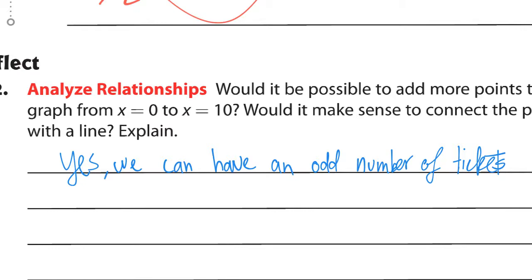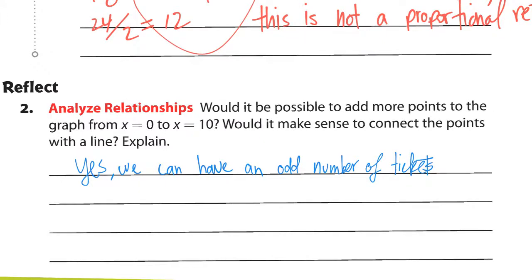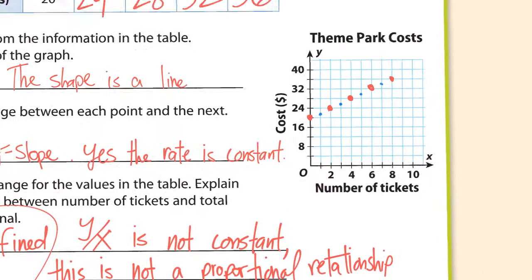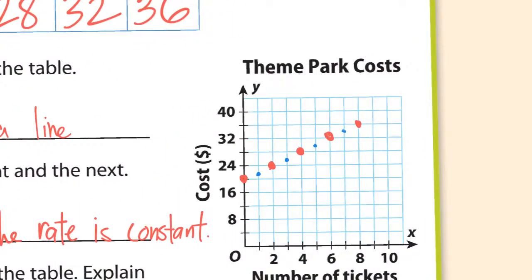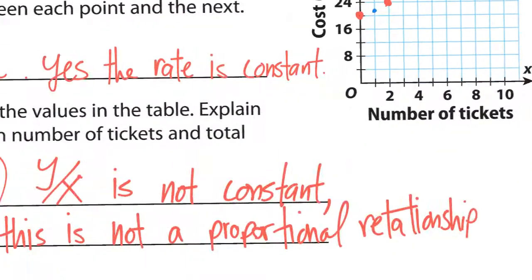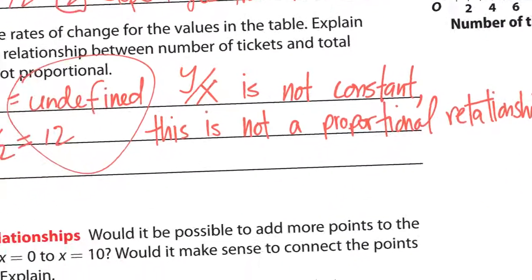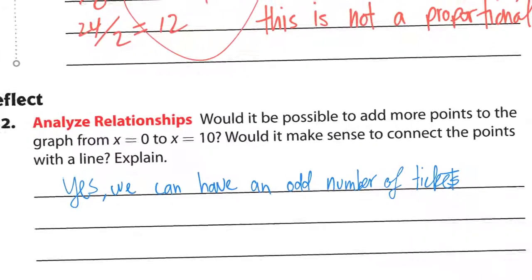Would it make sense to connect the points with a line? Well, if we connected this with a line, then that would mean we could have not only 1 ticket or 2 tickets, but a line would connect these, so we can have 1.5 tickets or 1.78 tickets or 2.2 tickets, and that doesn't make sense. So we cannot connect these points and make a straight line. So right over here, would it make sense?